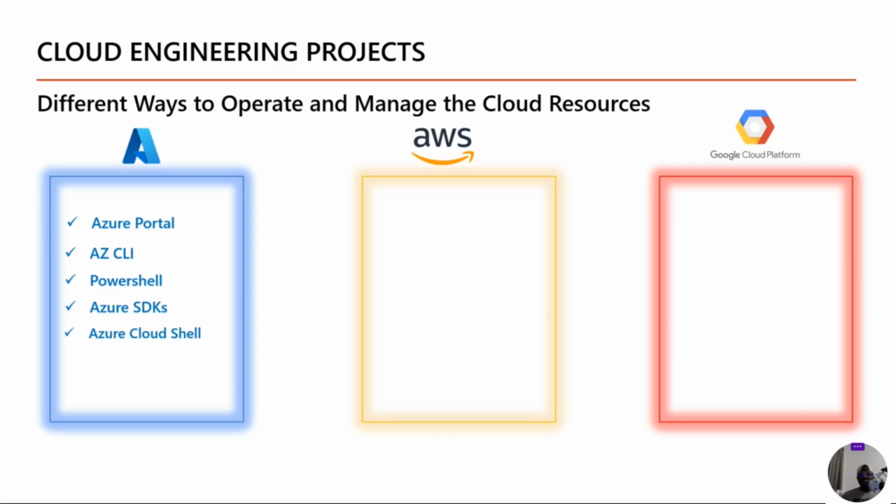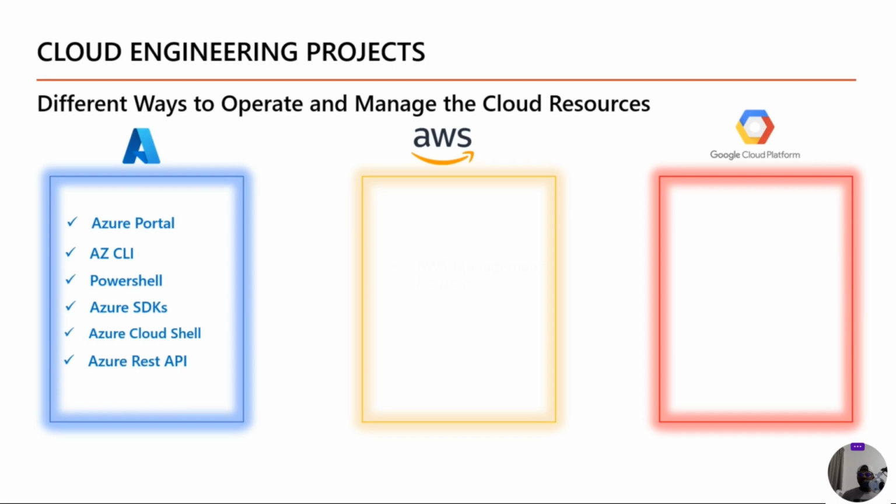Then another very powerful client that we have is the Azure REST API. The Azure REST API is for managing Azure resources. It provides programmatic access to Azure services, allowing you to interact with and manage Azure resources using HTTP requests, right?